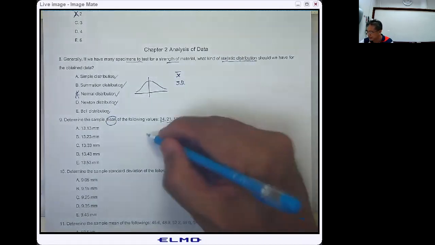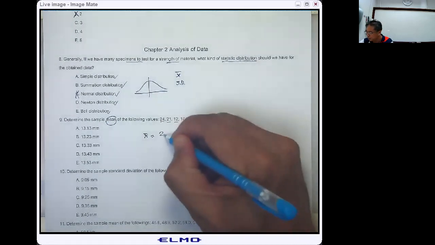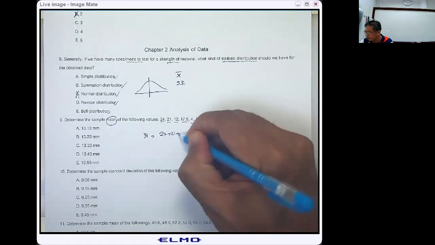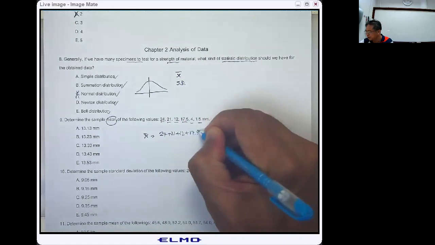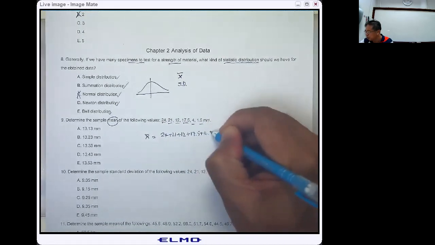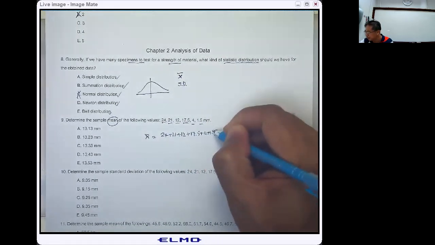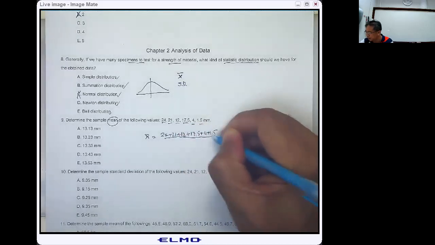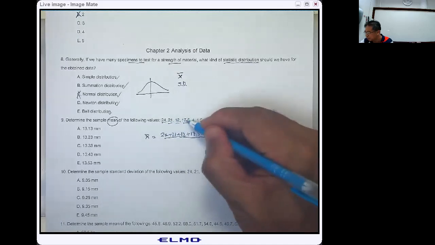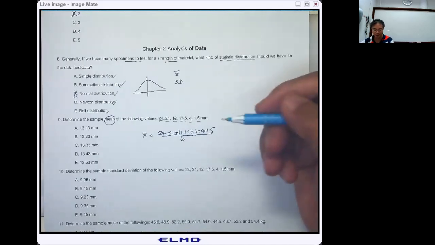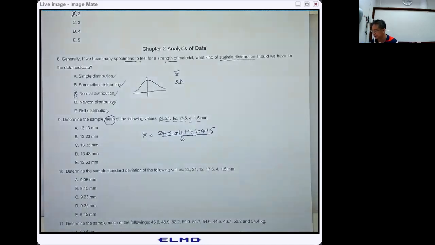This is going to be the x bar: 24 plus 21 plus 12 plus 17.5 plus 4 plus 1.5, and then you take the average of it, divided by 6. Okay, you just compute it easily.